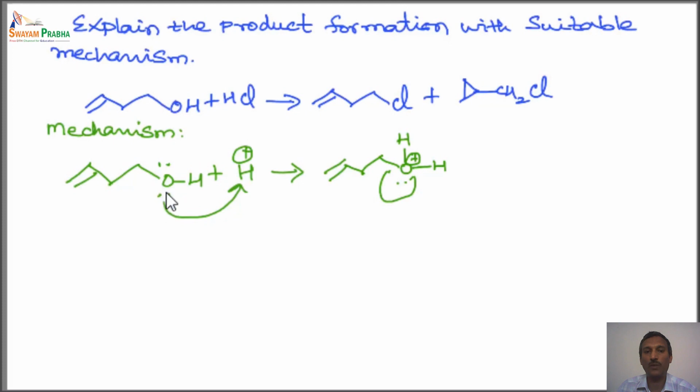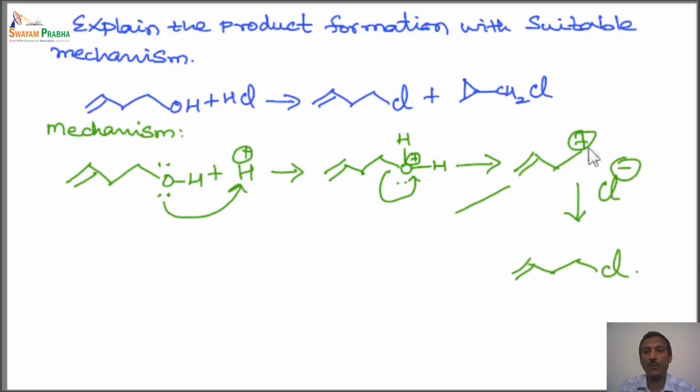The lone pair of oxygen bonds with the proton to form the hydroxonium ion. That oxygen has the plus charge, and because OH as such is not a good leaving group, it cannot be lost very easily, but converting it into H2O plus makes it a very good leaving group. So that is what actually happens.